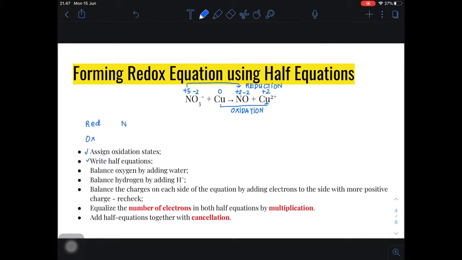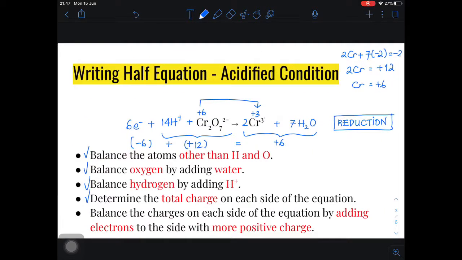For the reduction process, it is from NO3- to NO. And for the oxidation, it is Cu into Cu2+. So again, as in the previous step, now we are dealing with two half equations.